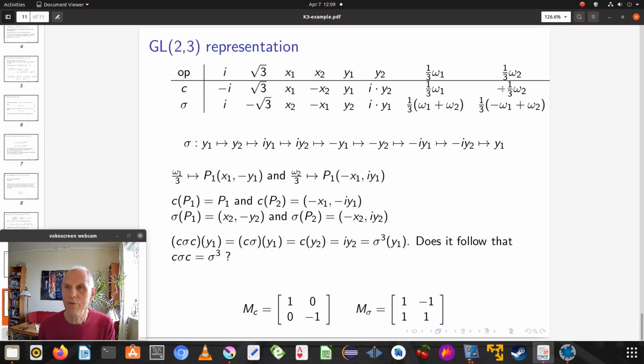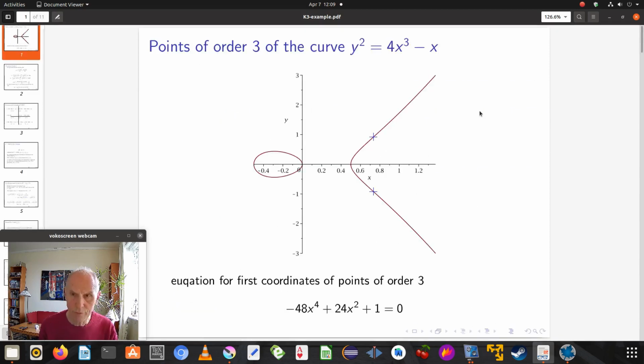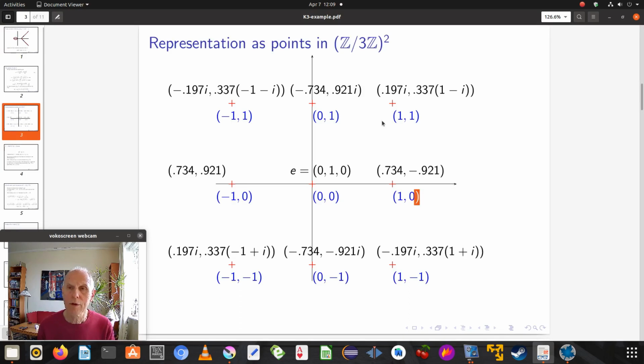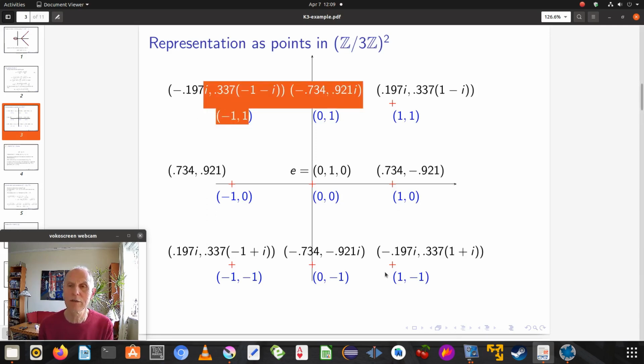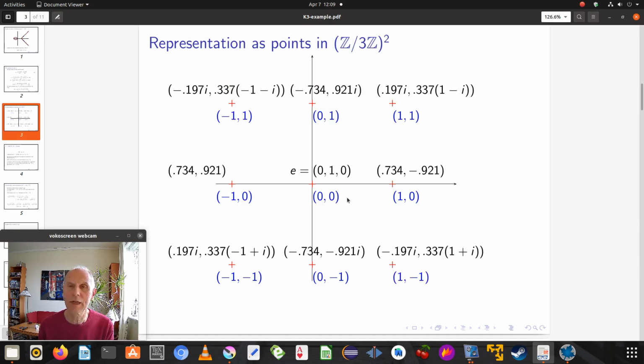And then a third omega 2. That's minus x1 iy1. Minus x1 goes to minus x2. So that's these 2 guys that come into play.